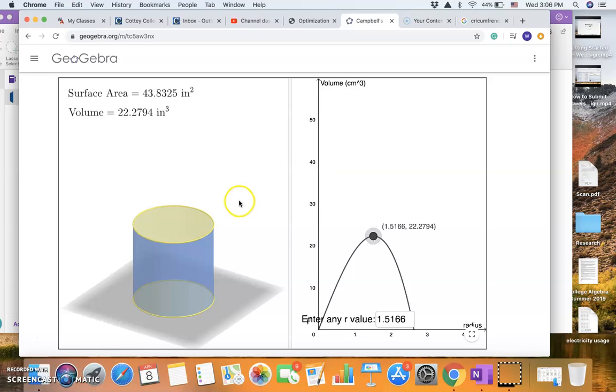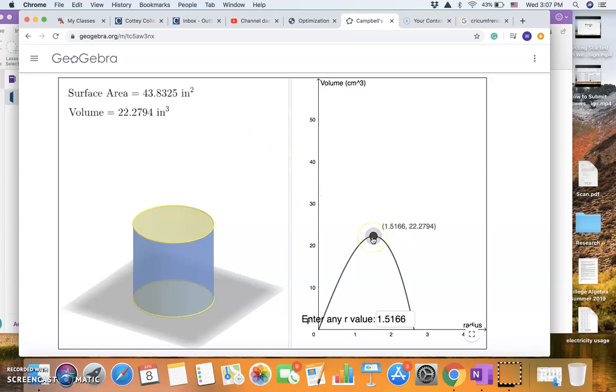In this problem, we have another situation, which is we are given the surface area, and we want to use the given material to build a cylinder. So the cylinder will contain as much water as possible.